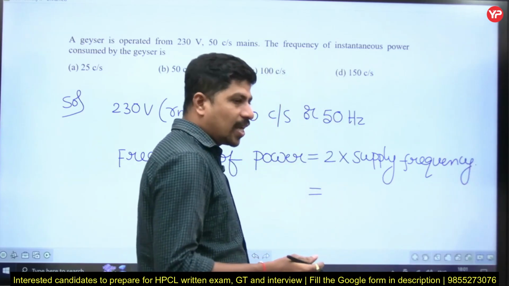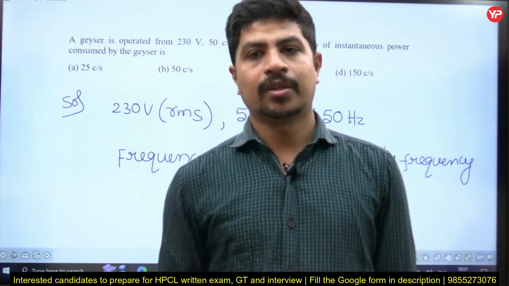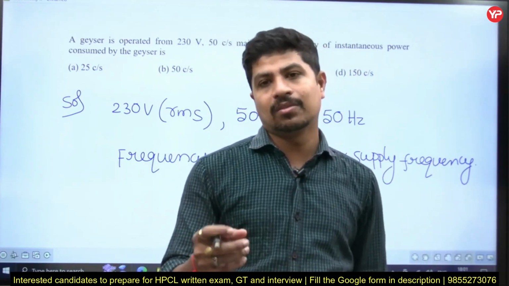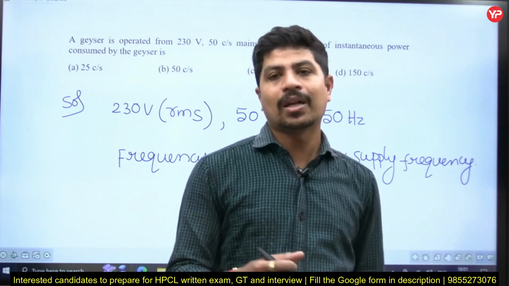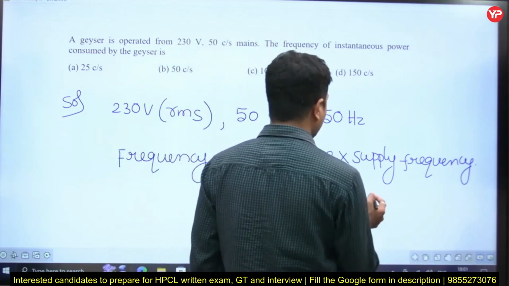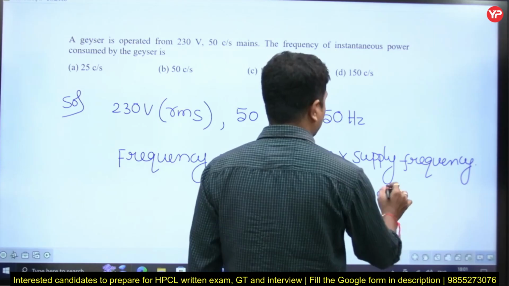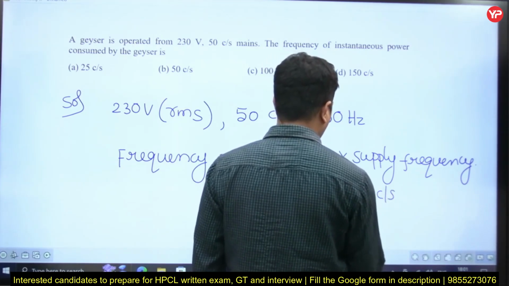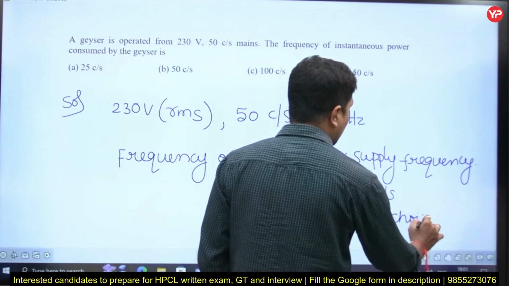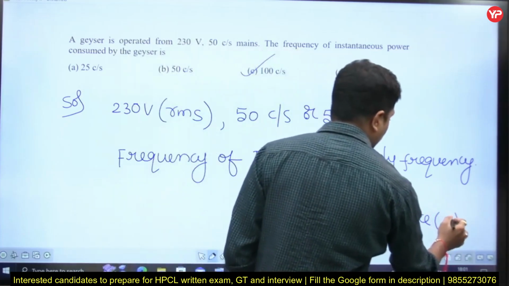If you want, take Vm sin omega t into Im sin omega t and multiply; you will get double the frequency. Power frequency is 2 times the supply frequency, that is, 2 into 50 cycles per second is equal to 100 cycles per second. The choice is C. This is also choice C.